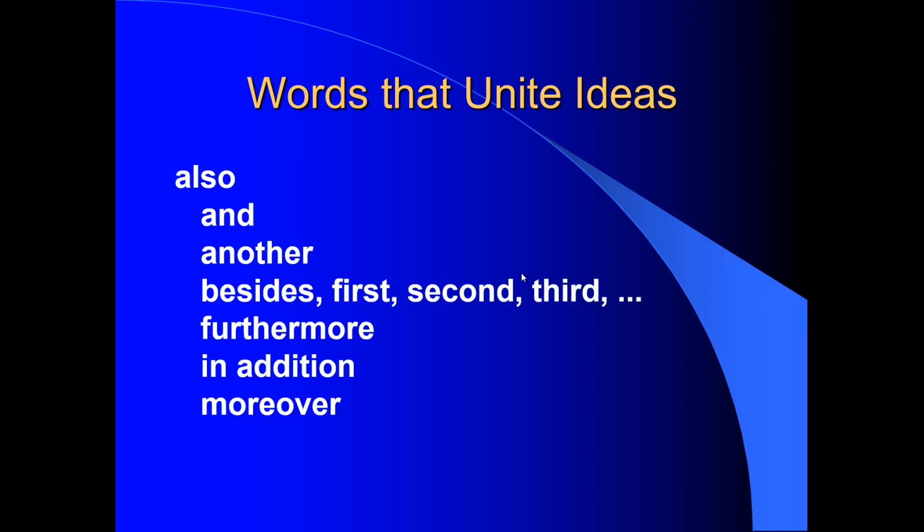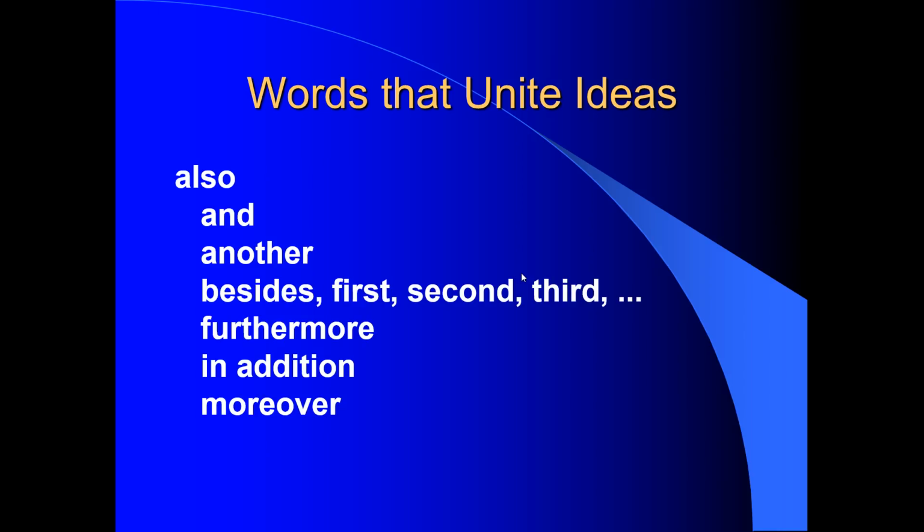When you use a transition like also or and or another or furthermore, you're uniting ideas to be sure, but even though you're uniting ideas, you're not necessarily forcing yourself to cover your subject matter in a specific, rigidly defined order.